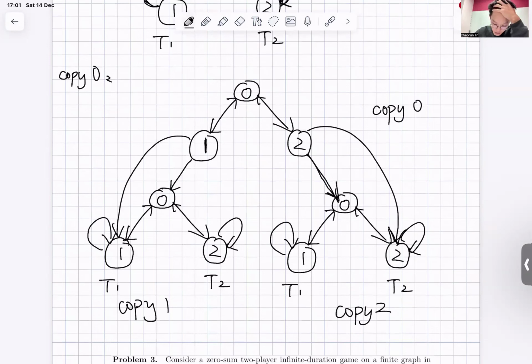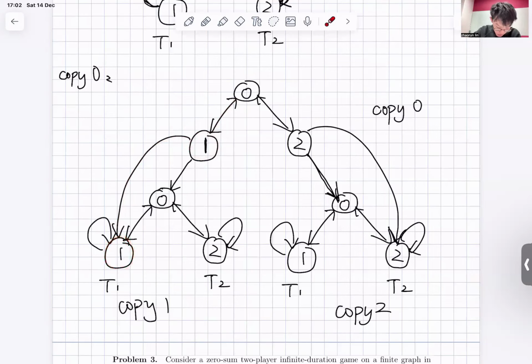So now, if you start at the original copy of the game, and you try to visit T1 and T2, for example, if you visit T1, you can now take this edge to copy 1, and then you start the game here.